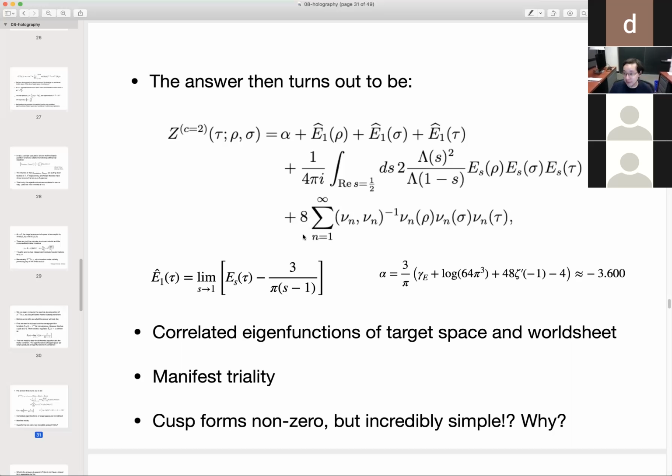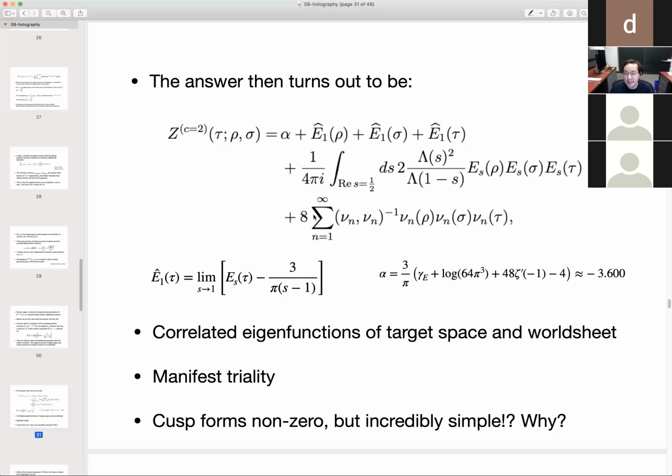I think this is really, really miraculous because this c equals 2 partition function is some CFT, with some discrete unitary spectrum. And when we decompose it into these cusp forms, there should be nothing nice that we expect about the coefficient we get. Because remember, each of these was defined with some horrible transcendental eigenvalue.